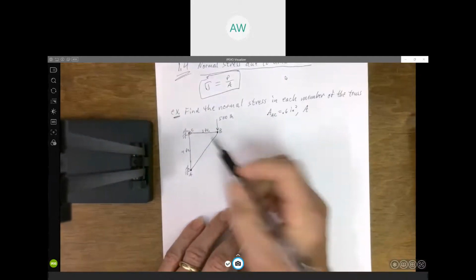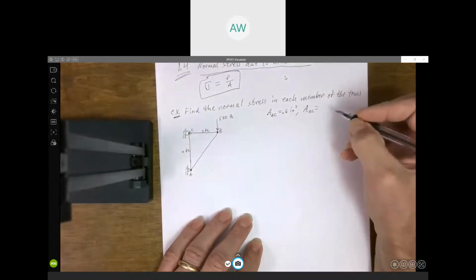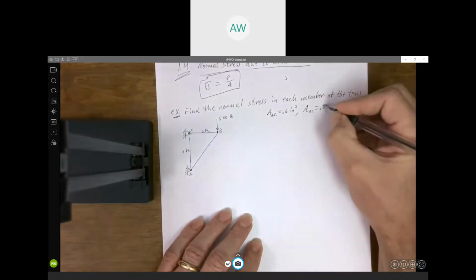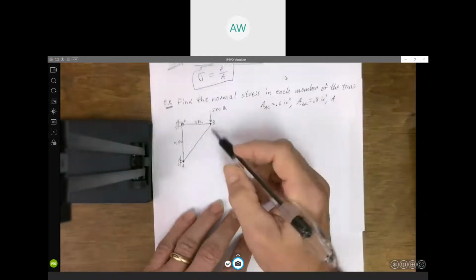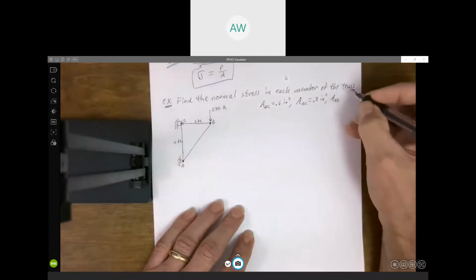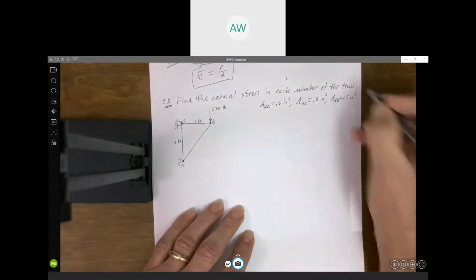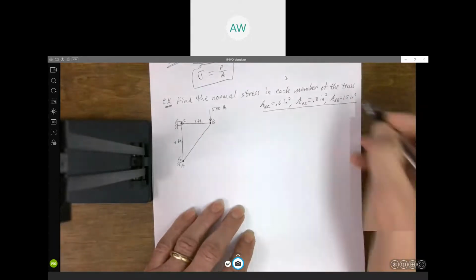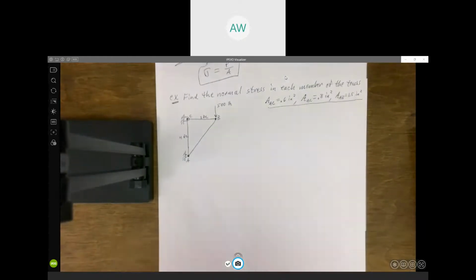Cross-sectional area of this top member, BC, is 0.8 inches squared. And the cross-sectional area of the diagonal member AB there is 1.5 inches squared. So those are the cross-sectional areas for those three truss members.